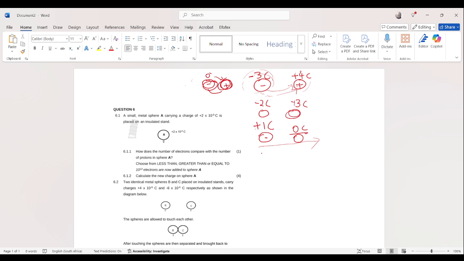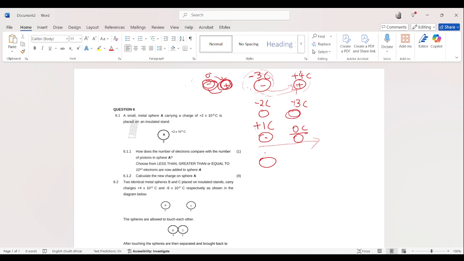Okay, let's say if we transfer 5 electrons. So what will be the new charge on the minus 3 coulomb object? What will be the new charge if we transfer 5 electrons?